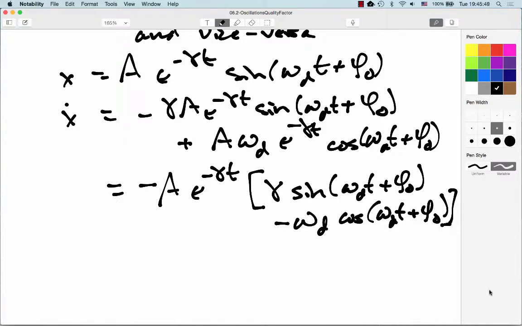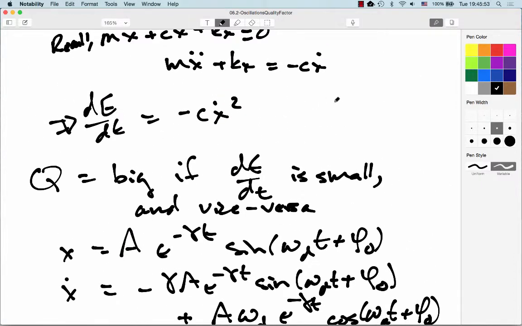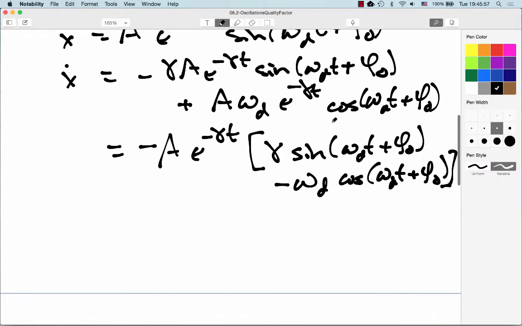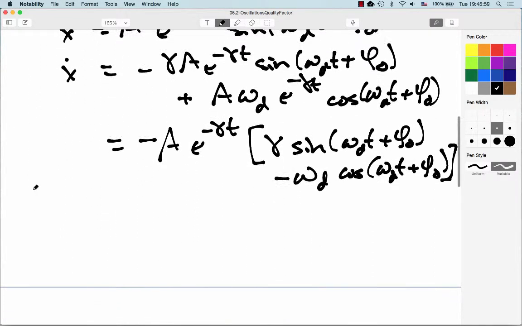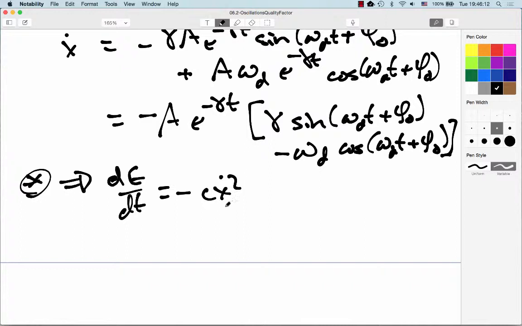Now, if we remember our result here, I'll go ahead and star that for the moment. That means that by star, we get that dE/dt is minus c x-dot squared.